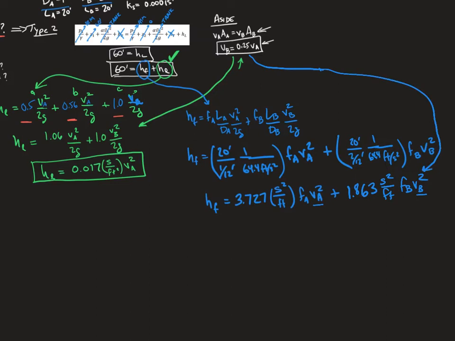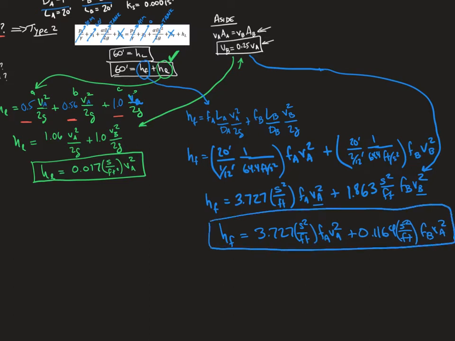If you square it and do all of that, we end up with HF equals 3.727 seconds squared per foot, FA VA squared, plus 0.1164 seconds squared per foot, in parentheses, FB VA squared.